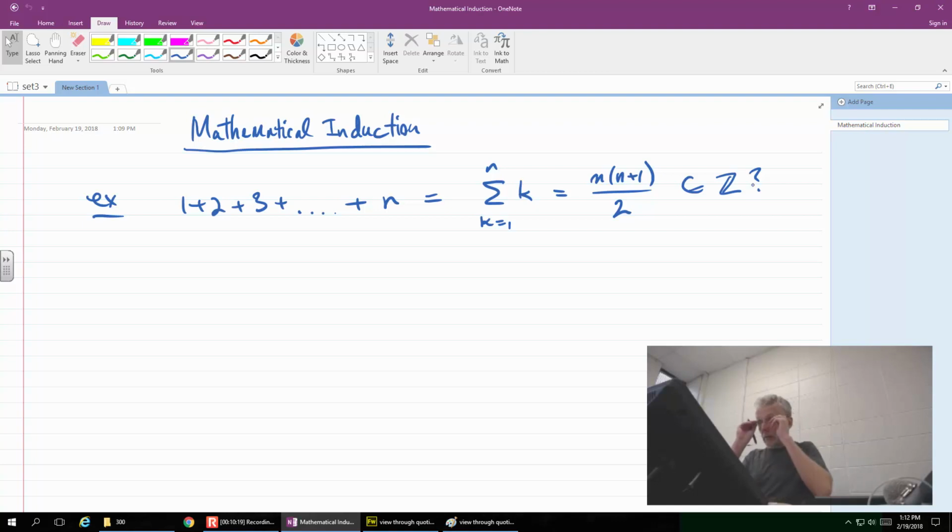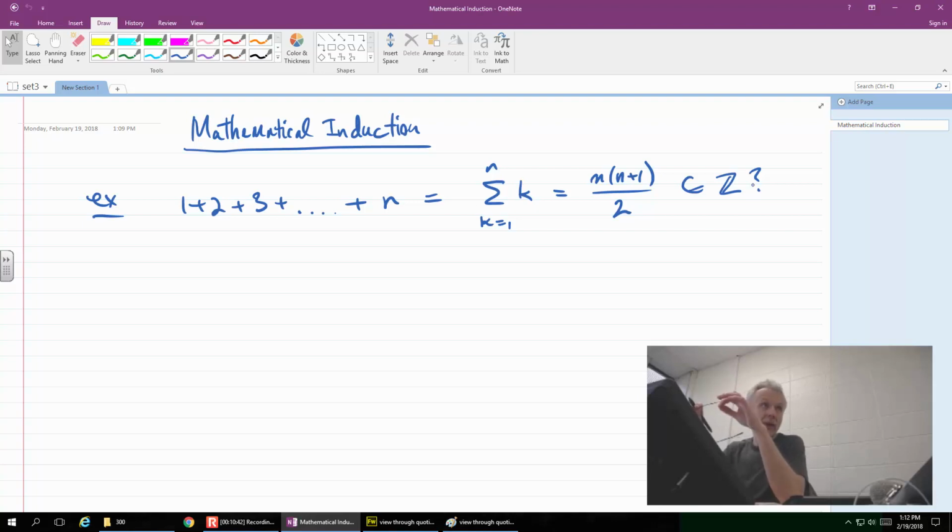Okay. Now, this is the arithmetic progression, right? So you add 1, and this is the sum of the arithmetic progression, as opposed to a geometric progression, where you do multiplication.